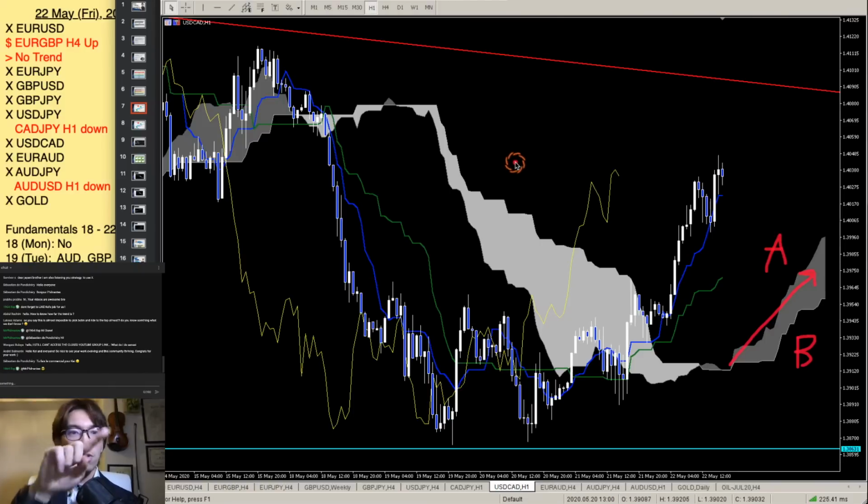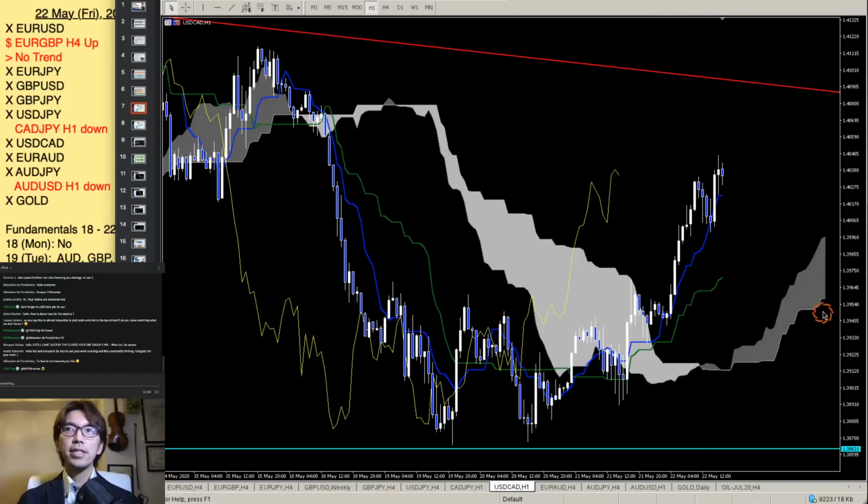And when Kumo is moving down, Senko span B is the upper part and Senko span A is the lower part. And when Kumo twists, that's exactly when they cross. In this case, they gold cross, and it became bullish Kumo.